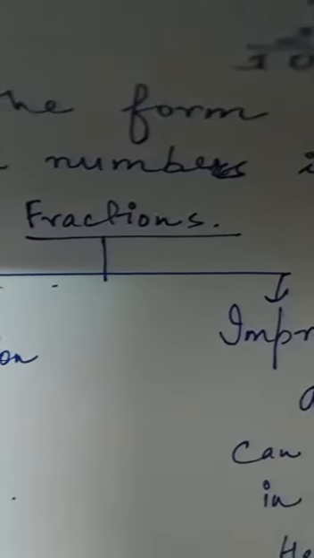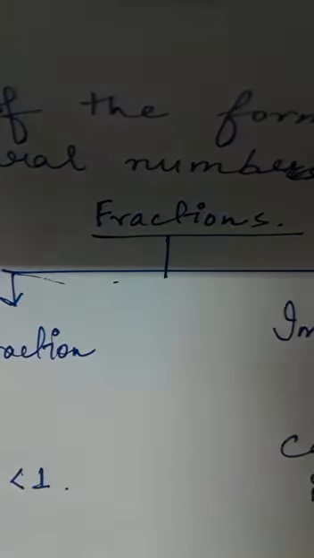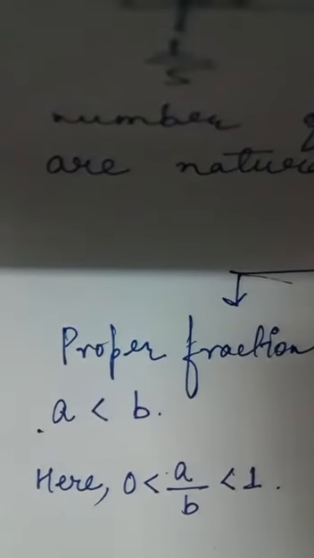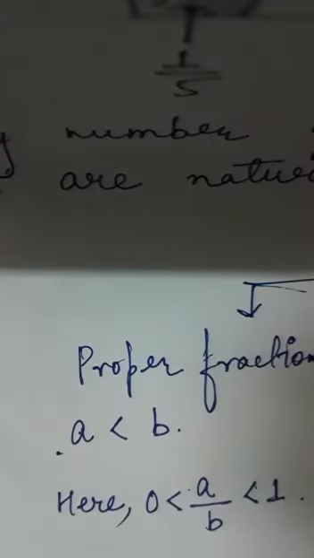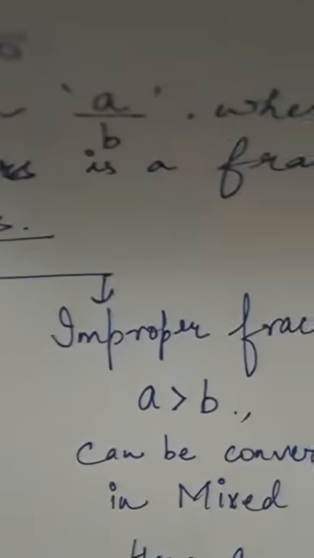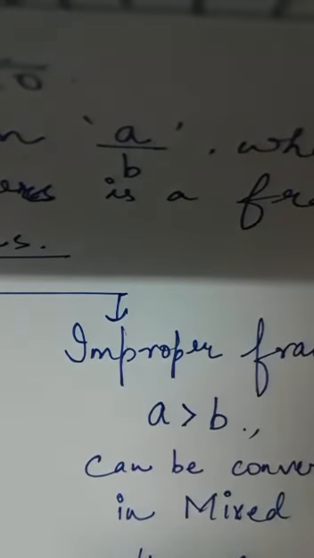Now, what's the difference between a proper fraction and an improper fraction? In proper fractions the numerator is always less than the denominator, whereas in improper fractions the numerator is greater than the denominator.